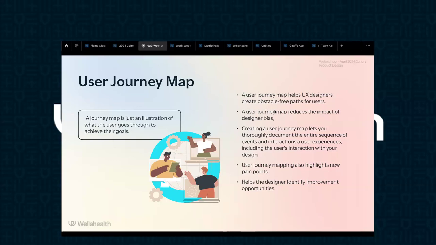Because for the person living in Makoko, the fact that your idea of solar power is green energy, they don't care whether it's green energy or not. They just want something for their children to use to learn in school. So your goals are not their goals. The user journey map makes it more about your users' goals than your goals.